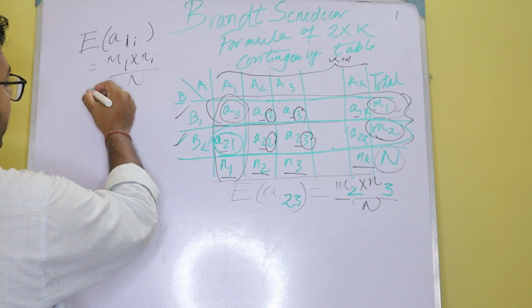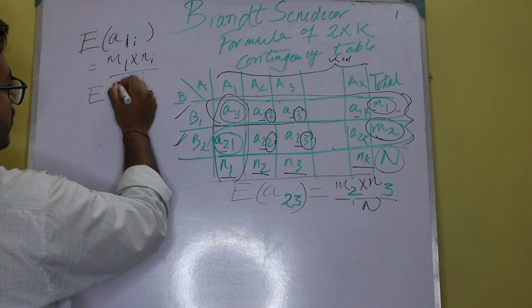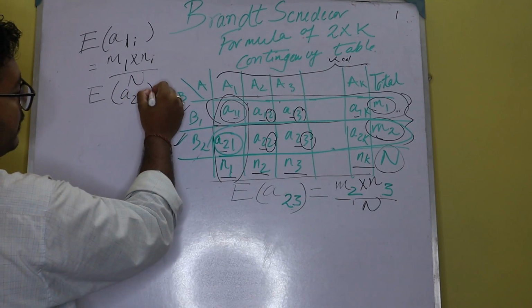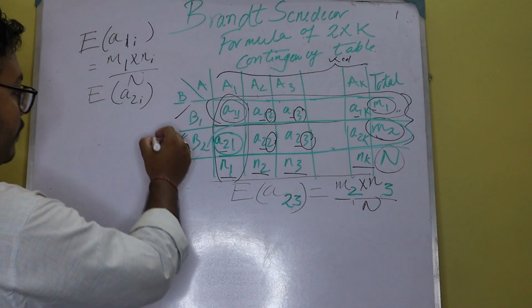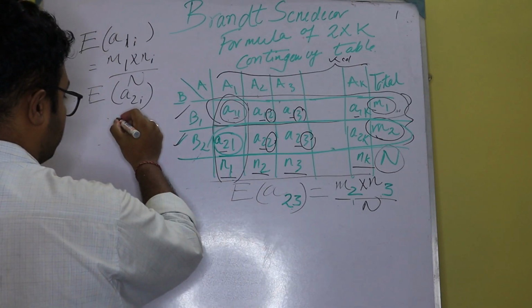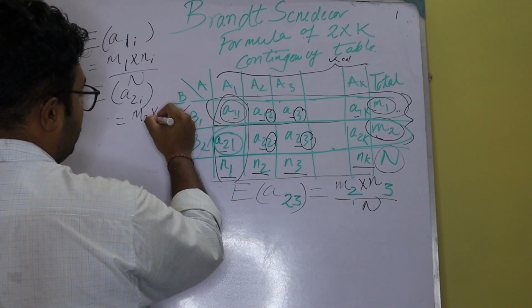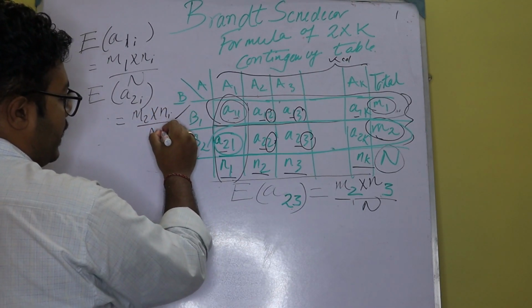So if we are asked to find E of a2i, right, then we can say it is m2 into ni by N.